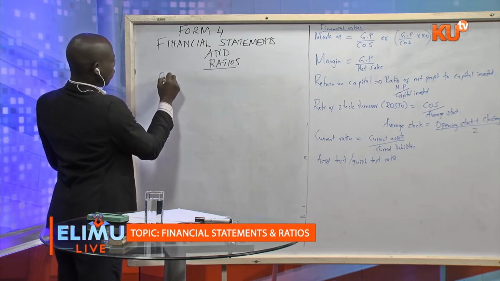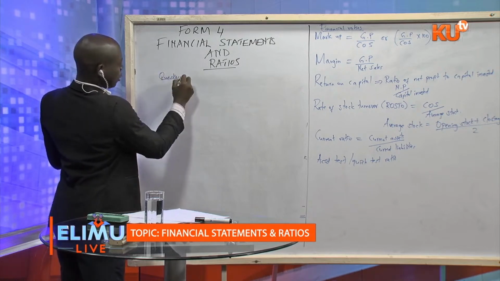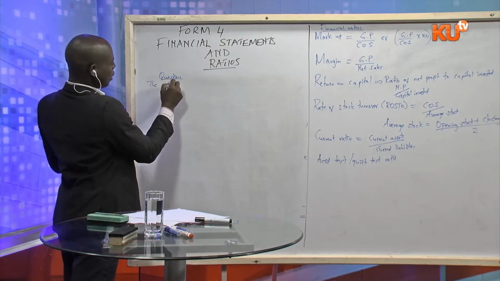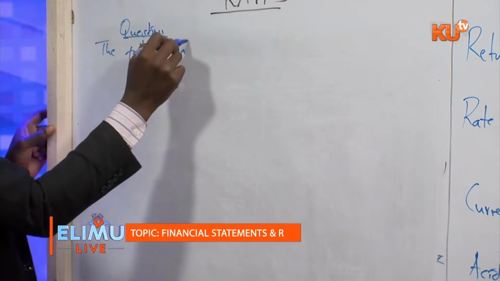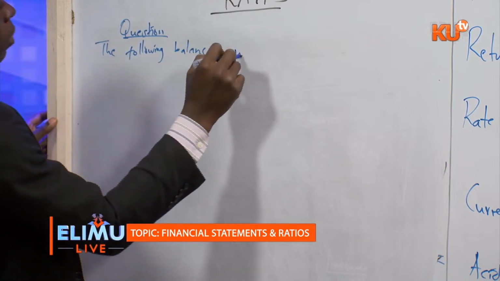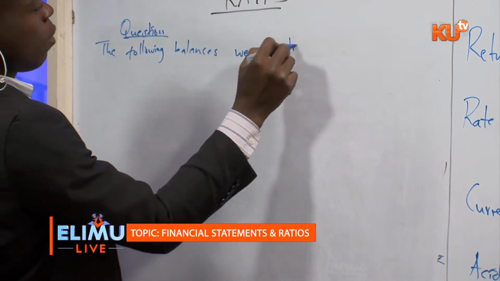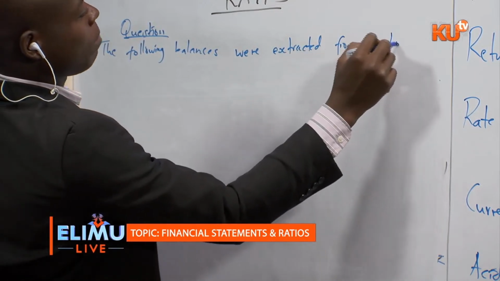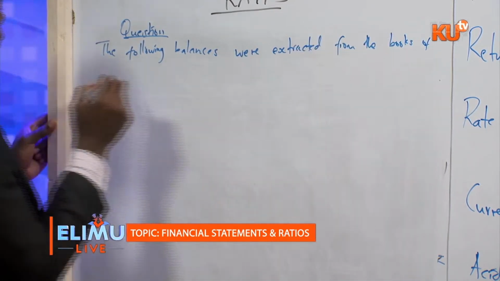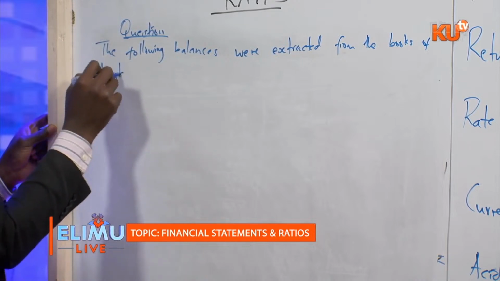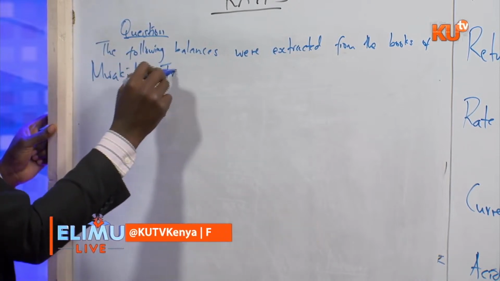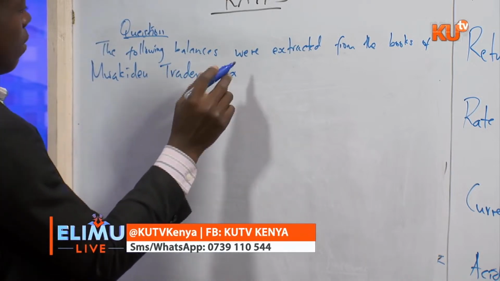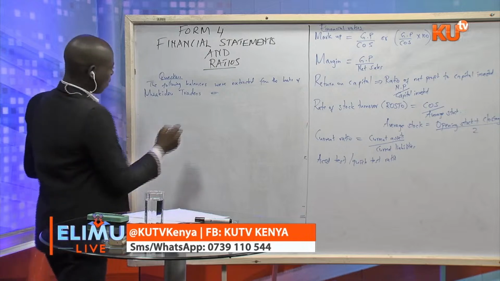We are told that the following balances were extracted from the books of Mwakideu traders.